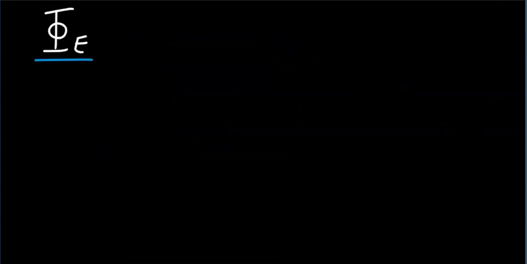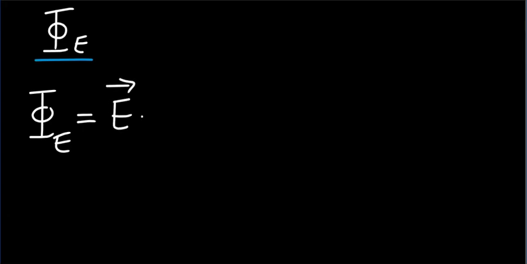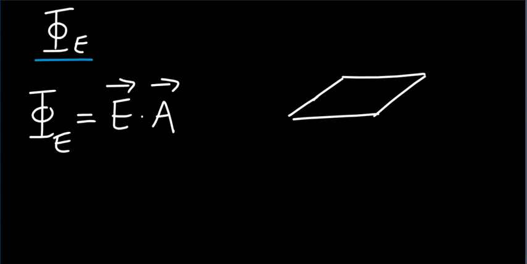Now we are ready to define electric flux. Electric flux is defined in the following manner. It is a dot product of the electric field and the area vector. So say that we have a surface, a flat surface like that, with area A meters squared.